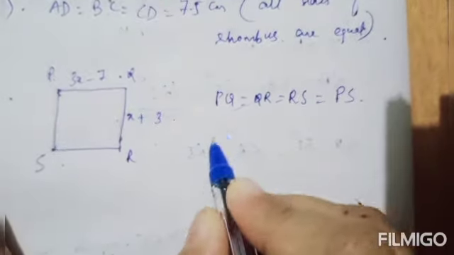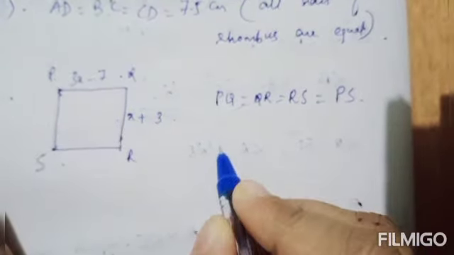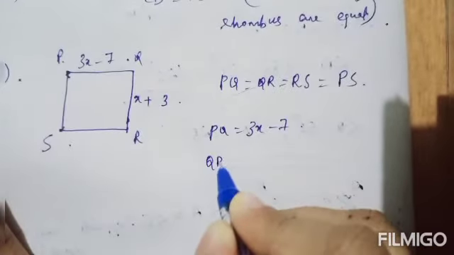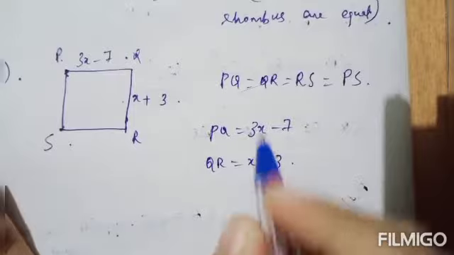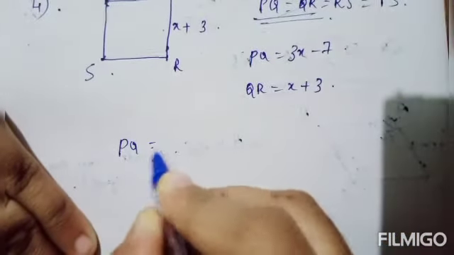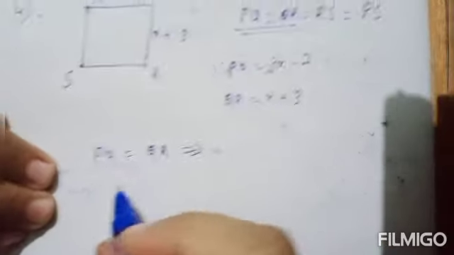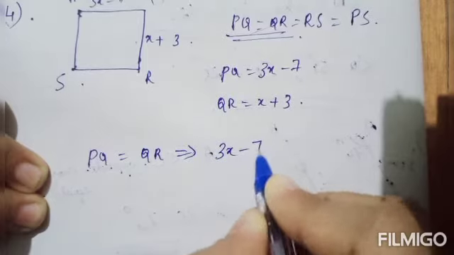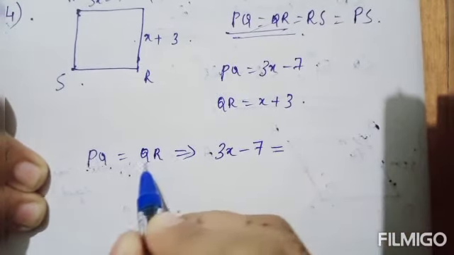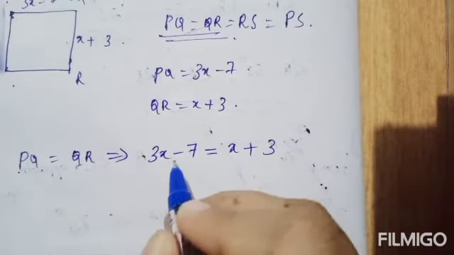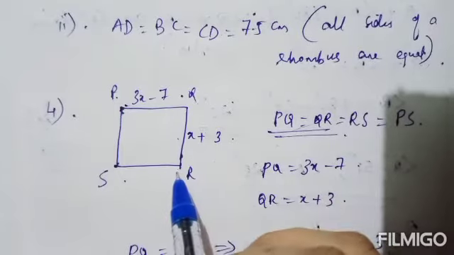Here PQ is given 3x minus 7. QR is given x plus 3. We know PQ equal to QR. So we can use PQ equal to QR, which implies 3x minus 7 equal to x plus 3 since PQ and QR are equal.